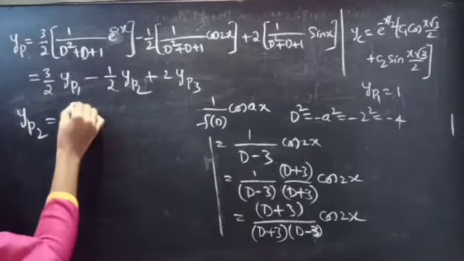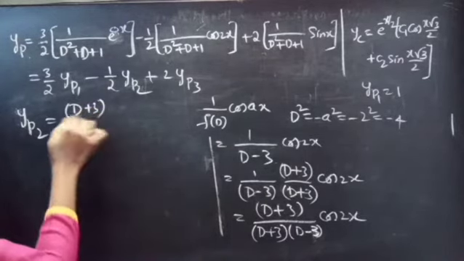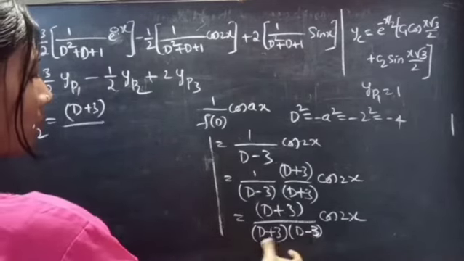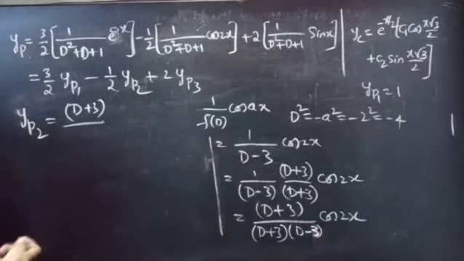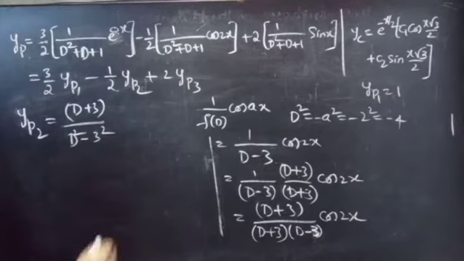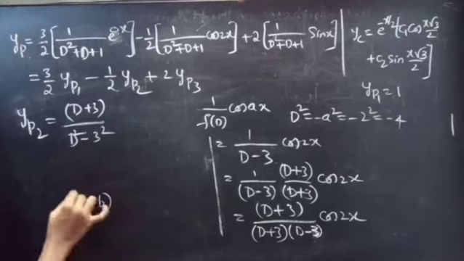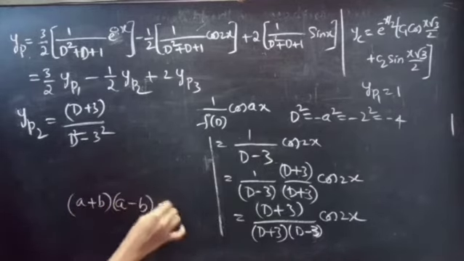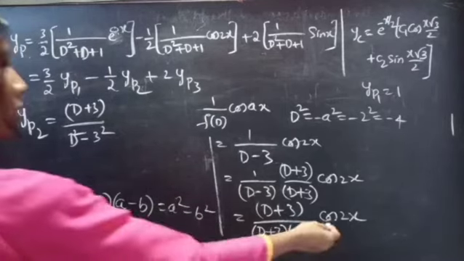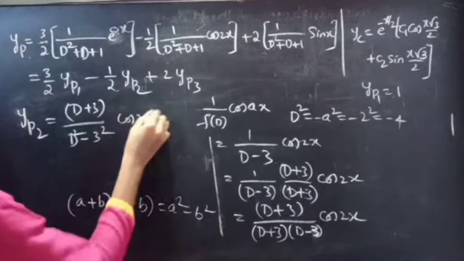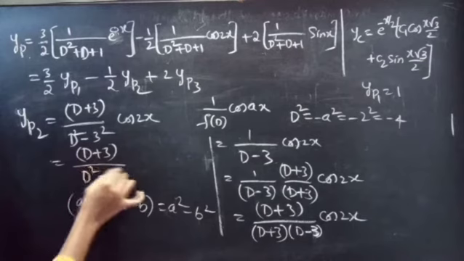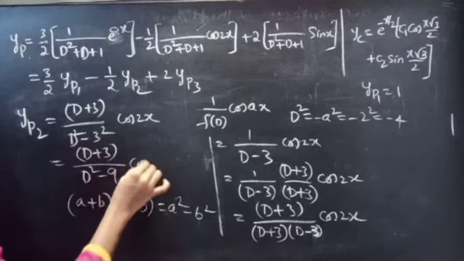This becomes D plus 3 by, in the denominator you are having D plus 3 into D minus 3, which is of a plus b into a minus b. You can write it as D square minus 3 square, since a plus b into a minus b equals a square minus b square, right, into cos 2x, which equals D plus 3 by D square minus 3 square, that is 9, into cos 2x.